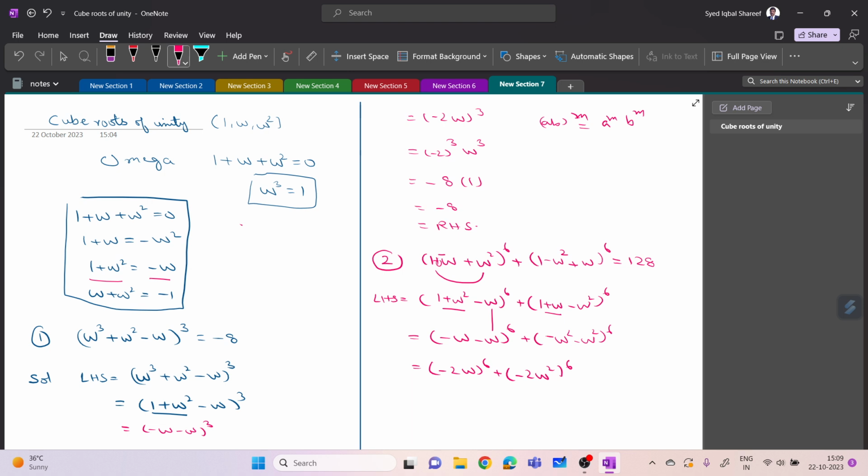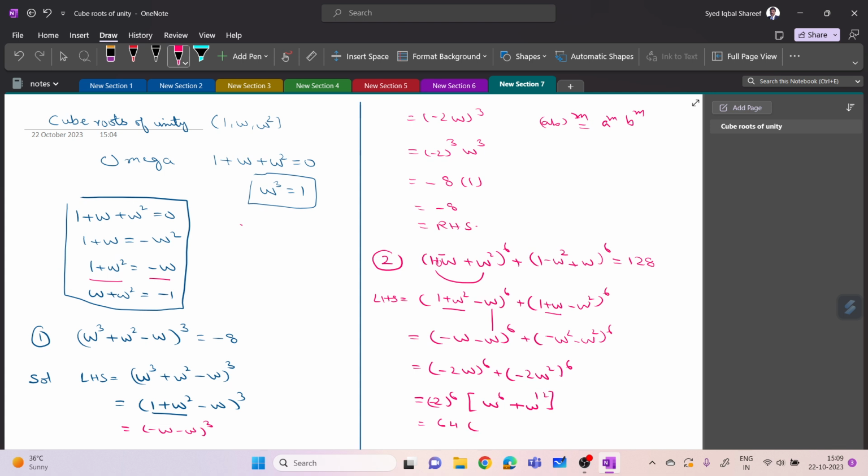So (minus 2) to the power of 6, if I take common, plus omega to the power of 6, two times, 2 times 6 is 12. Now this can be written as 2 to the power of 6, which is 64, times omega to the power of 6.